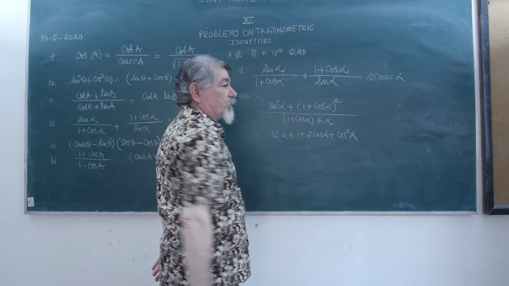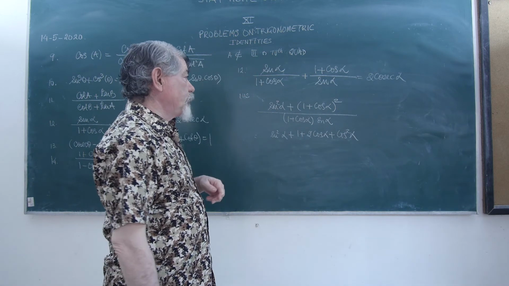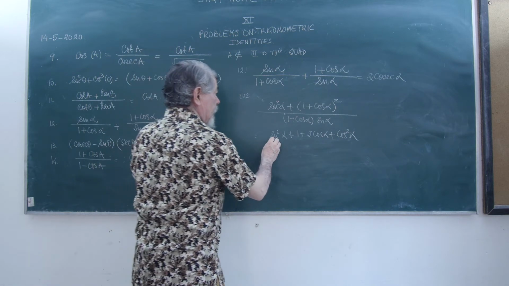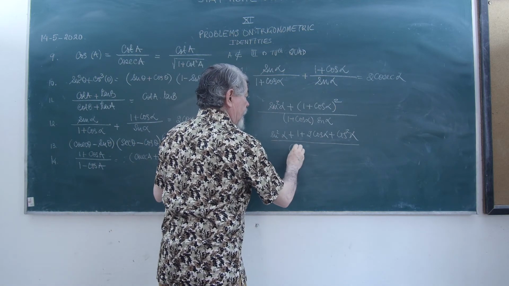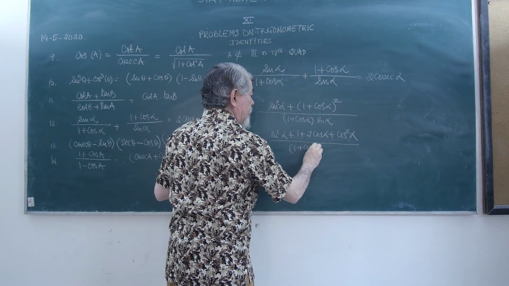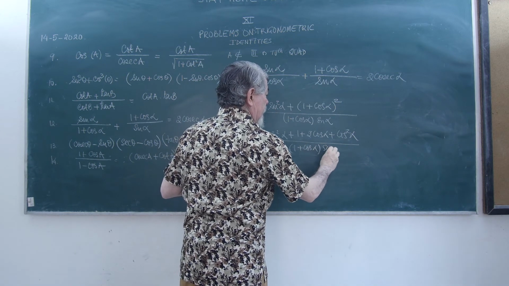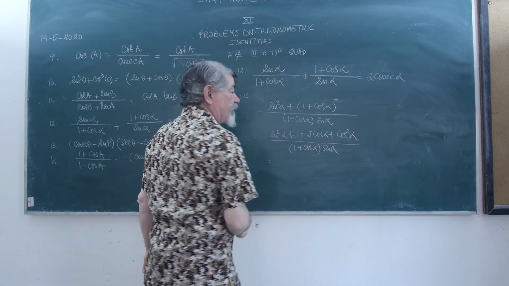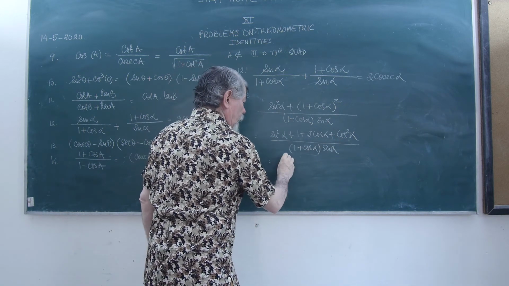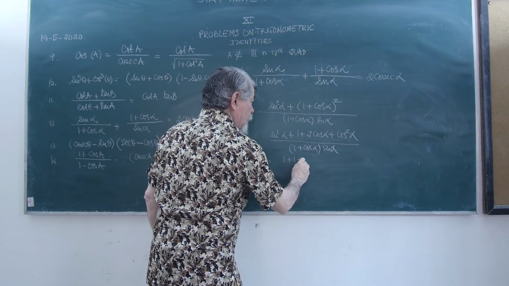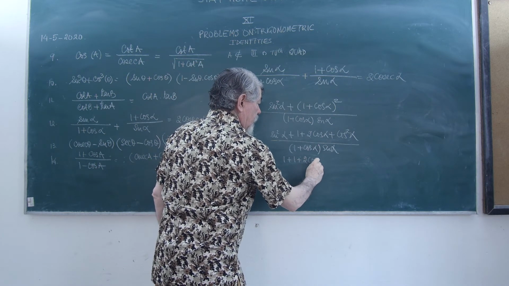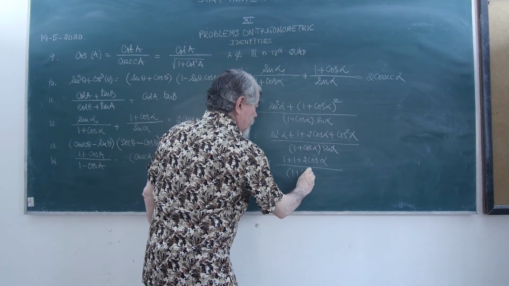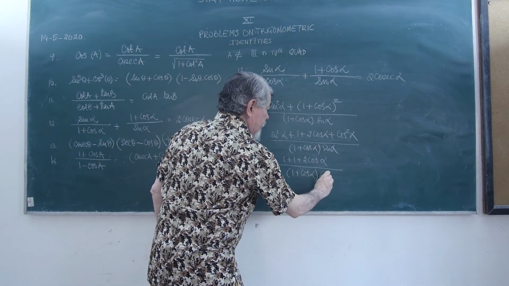A plus B whole square is A square plus B square plus 2AB, or A square plus 2AB plus B square, upon 1 plus cos alpha into sin alpha. Sin square alpha plus cos square alpha will be 1. So 1 plus 1 plus 2 cos alpha upon 1 plus cos alpha into sin alpha.